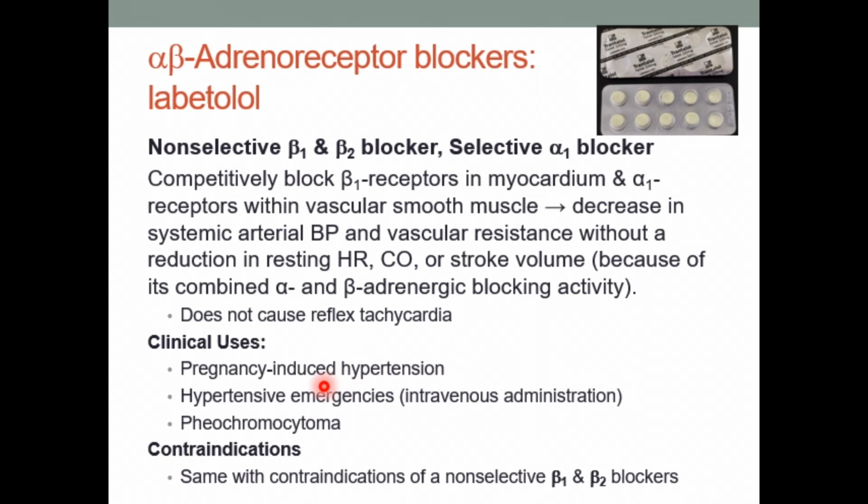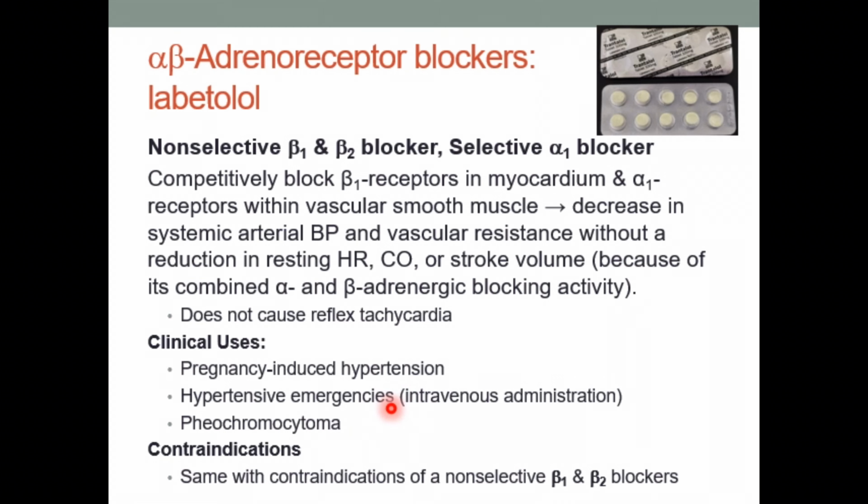It is also available in IV form, so it's also used in hypertensive emergencies when the blood pressure goes very, very high. So you need to reduce the blood pressure fast to a certain percentage, okay. So you cannot reduce the BP suddenly.